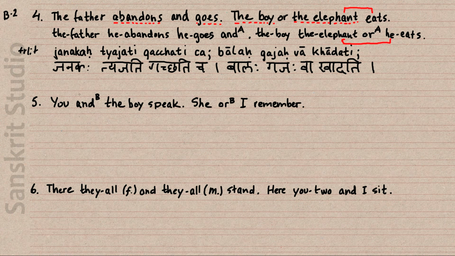Okay. Number 5. You and the boy speak, she or I remember. And here we have the B syntax. So that means that we have to provide one "and" after each word that we are connecting.